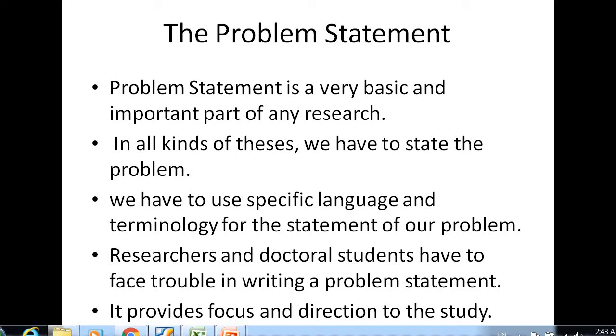And as we have mentioned, we have to use specific language and terminology for the statement of our problem, so that sometimes creates trouble in writing up a problem statement.